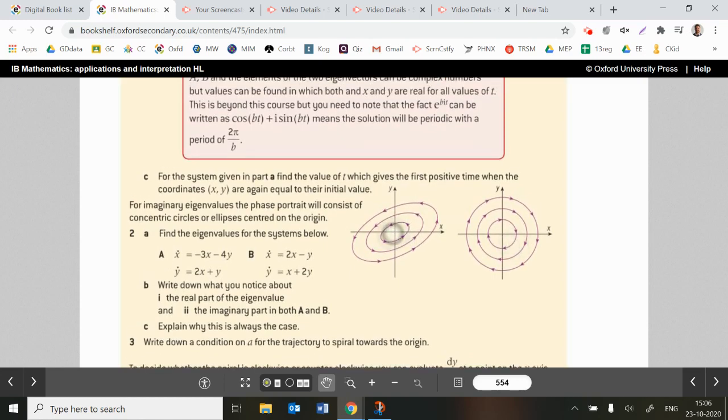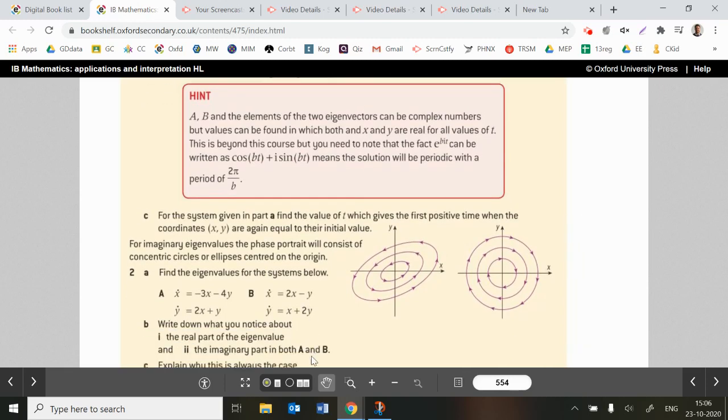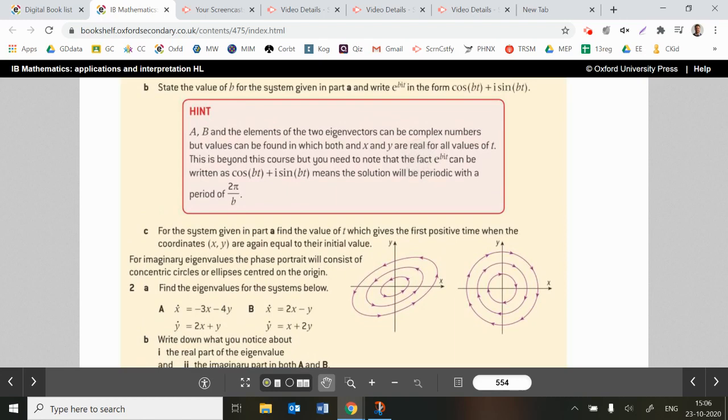So you can get these types of diagrams, but you always end up going round in the same ellipse or in the same circle based on your values of A and B and your eigenvectors. Now, we're not being asked to find A and B and those eigenvectors at the moment. That's beyond the course, but I've obviously come up with a concrete example there just to show you one of these.